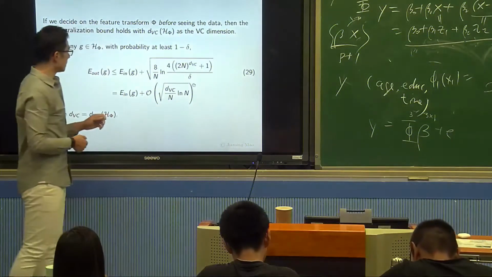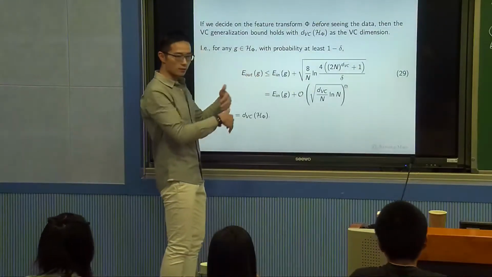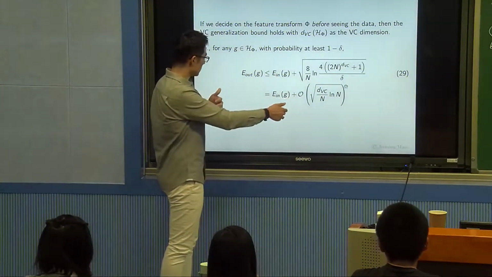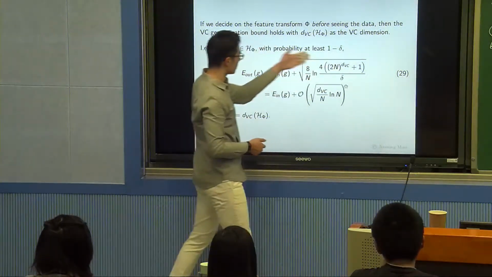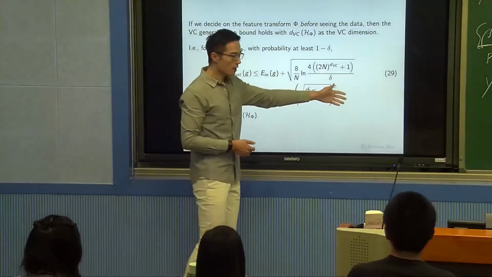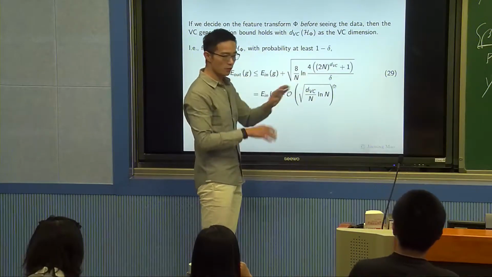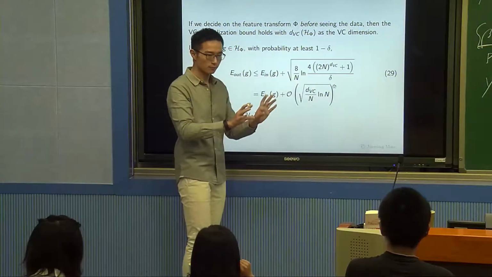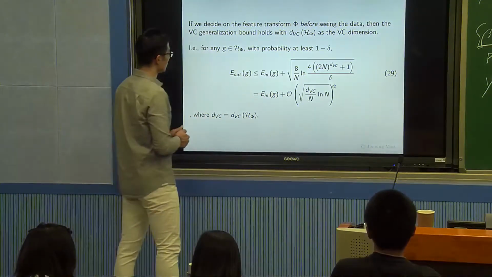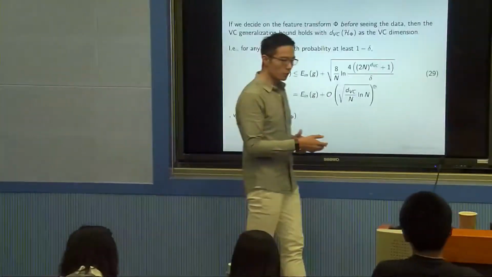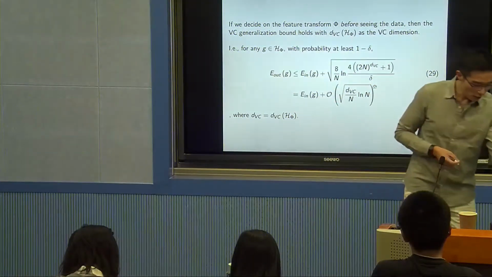So in the end, the inequality we have is that E out is smaller than E in plus a penalty. This is our familiar VC inequality. The only difference here is that the VC dimension is the VC dimension of the transformed model, not the original beta x. So in that sense, we face exactly the same trade-off.